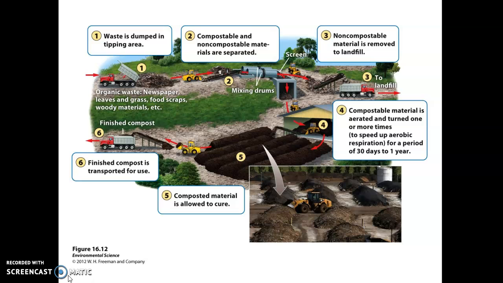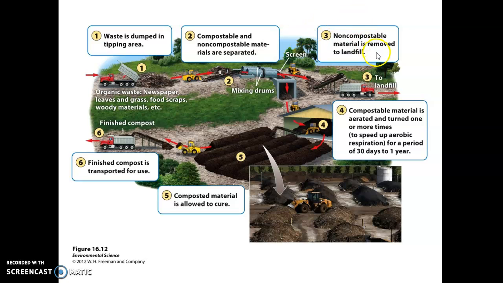This figure shows you how composted material can be composted in a large scale operation. So here you see a dump truck delivering waste such as newspaper, leaves, grass, food scraps, and sometimes woody material. And then the materials are separated out so that no non-compostable materials go into the system.